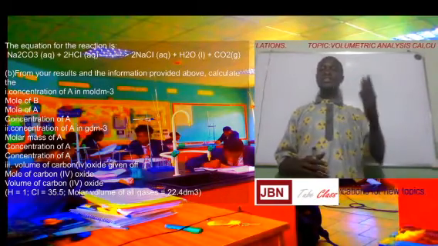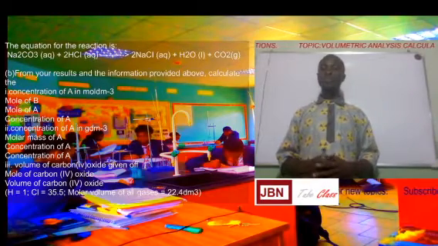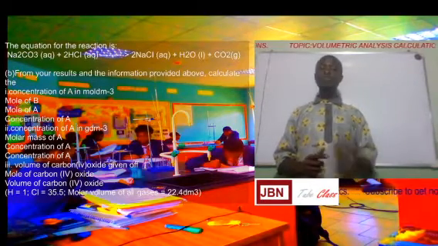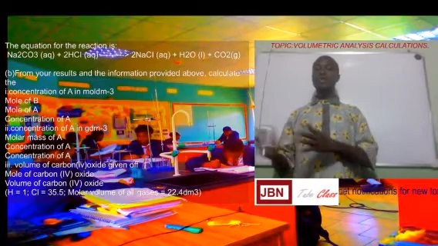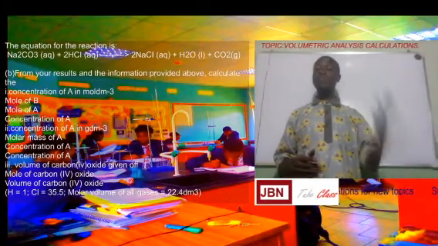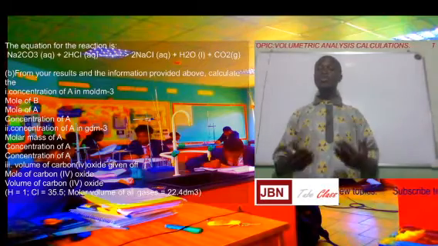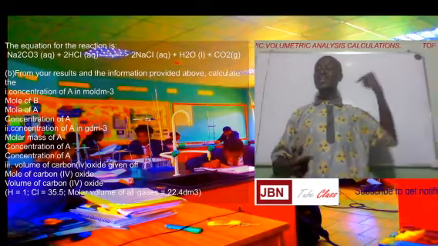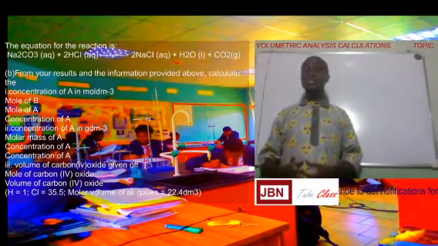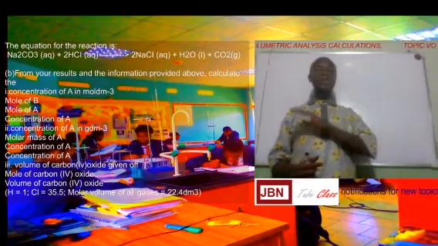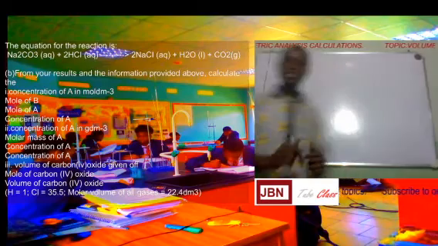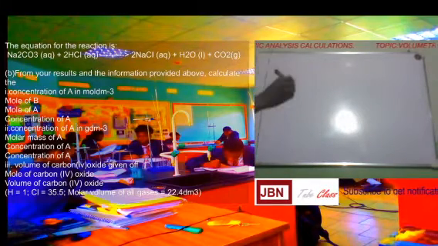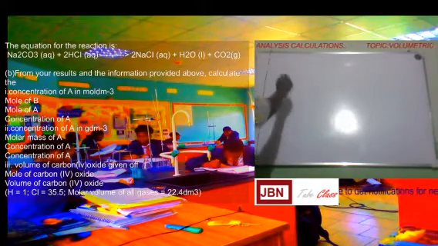But since I started with the number of mole of the base, I'm going to use that to calculate the number of mole of carbon dioxide. Then you make use of the number of mole to calculate the volume that is needed. So as long as you can calculate the number of mole, then you have no challenge.